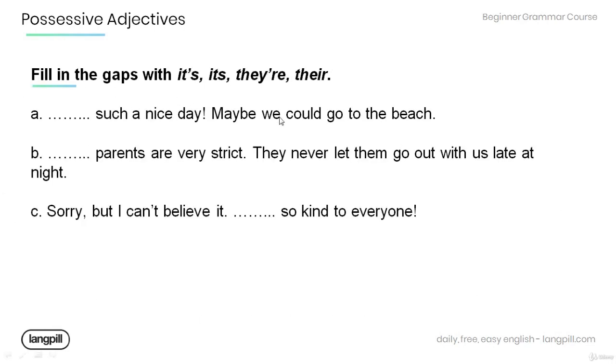Now read the following sentences and fill in the gaps with its, their. A. Such a nice day. Maybe we could go to the beach. B. Parents are very strict. They never let them go out with us late at night. C. Sorry, but I can't believe it. So kind to everyone.